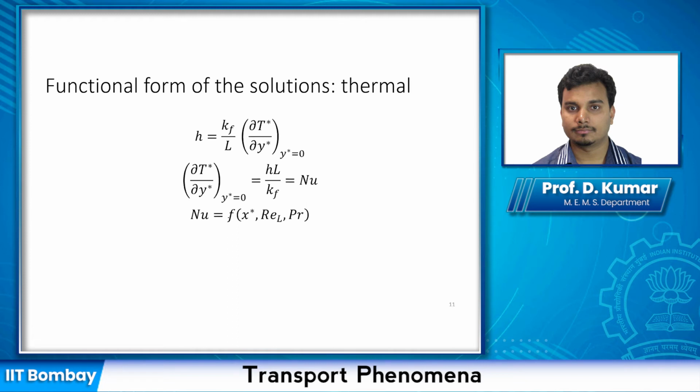Okay. So you can just rearrange it so that ∂T star by ∂y star at y star equals 0 depends on hL by Kf, which is again a dimensionless number known as Nusselt number.